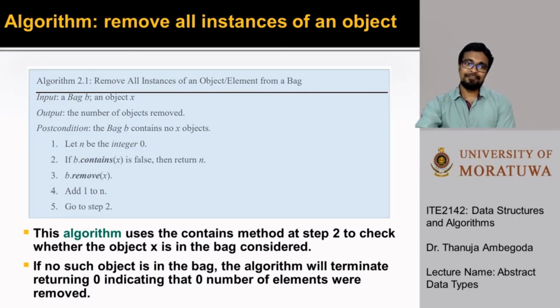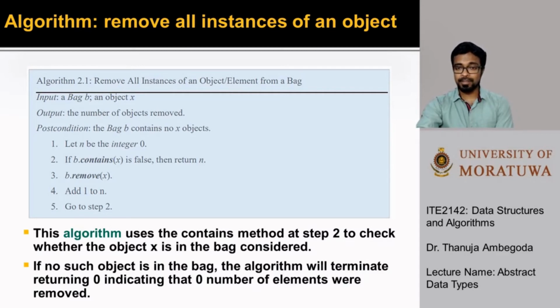However, if this is true, if B contains X, you go to the next step. Then you call the remove method. You remove X from B, and then you add 1 to n. So n becomes 1. Now n is 1, and then we go to step 2.